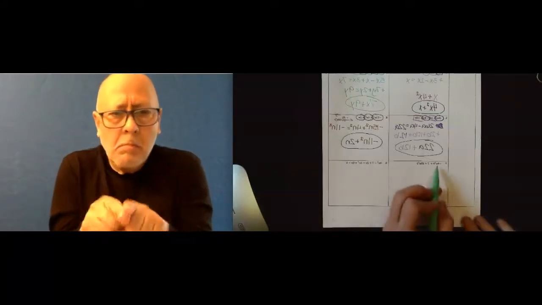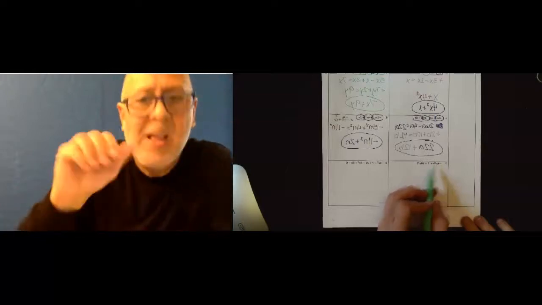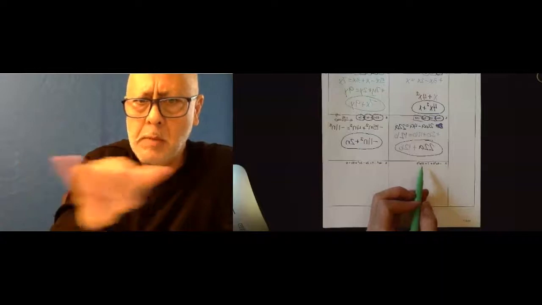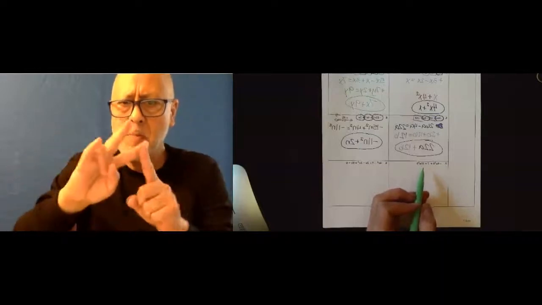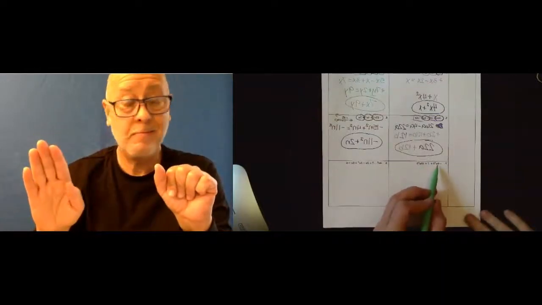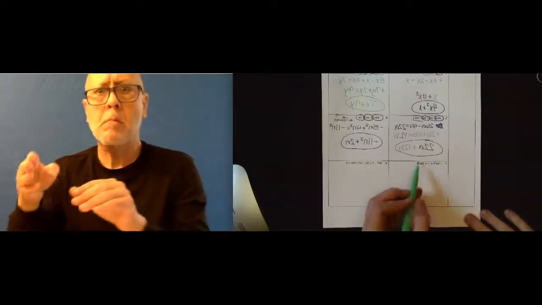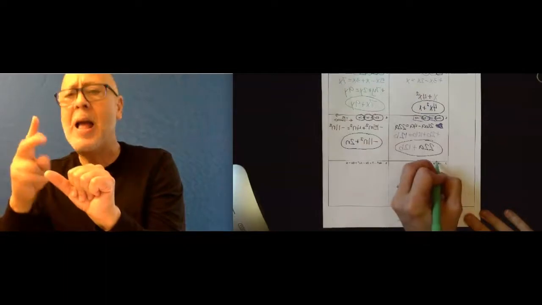So here I see a squared b, I see a squared b. So I have both variables, a and b, and a is to the second power. Over here, a is to the second power. So I can combine those two.